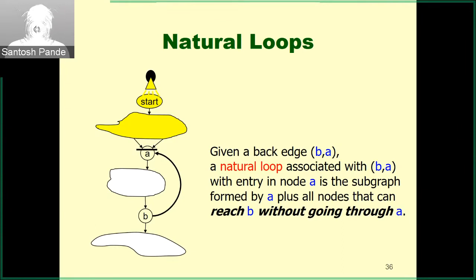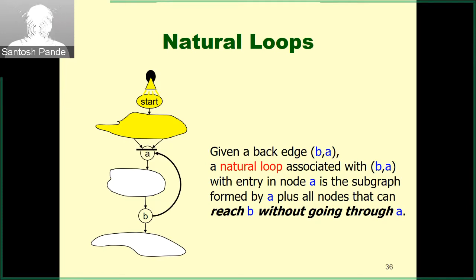So what exactly is this natural loop or single entry loop? We are interested in finding out here all the nodes which are defined by this back edge. What is really a back edge? A back edge is going from a given node which is dominated by another node back to that dominating node.